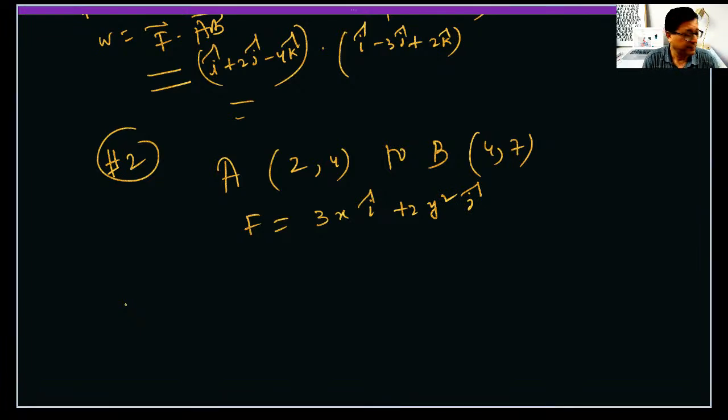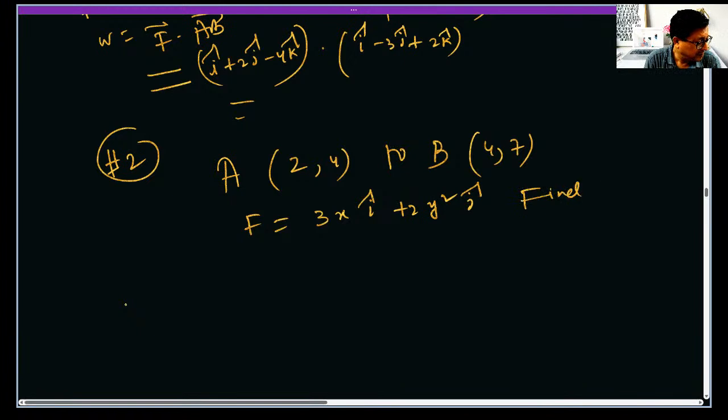Find the work done. This kind of problem also we have done. Why am I doing this? I am just telling you that this actually happened in case of conservative force. So how to find the work done in this case?